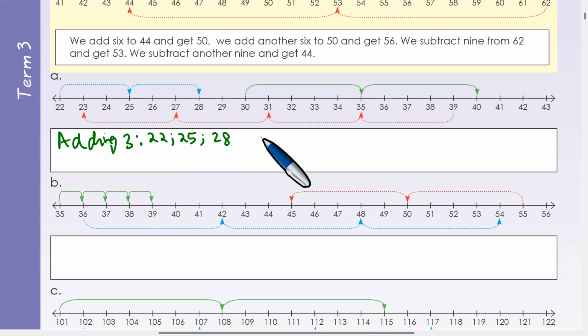So also here, if you look at the green color, you are actually moving from 30 to 35, then to 40. So it means you are adding 5. If you're adding 5, you start from 30, and then it becomes 35, and then it becomes 40.